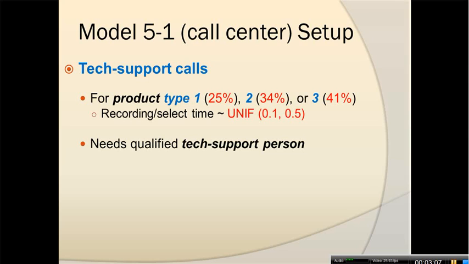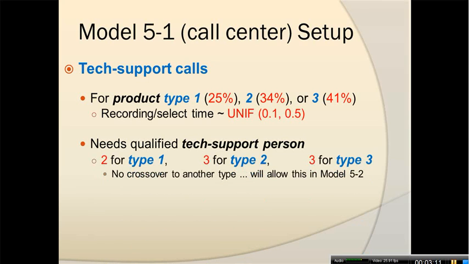Each tech support call will need a qualified tech support person, and we'll have different tech support people. There are 2 tech support people for type 1, 3 for type 2, and 3 for type 3 available, and no crossover to another type, but we will allow it in model 5.2.